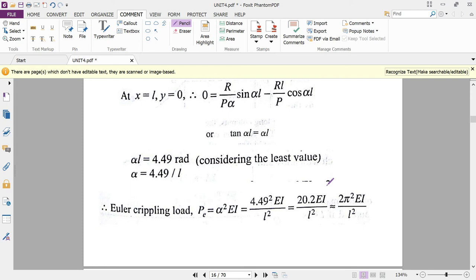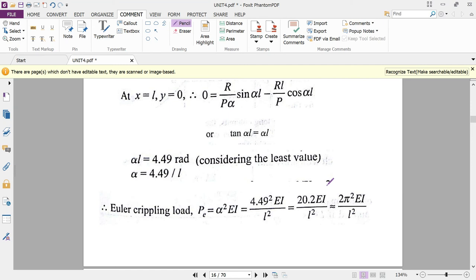And if a university theory exam will be there, then in that case you will have to derive at least one of the end conditions out of these 4. Or else if MCQ based exams will be held, then in that case you have to remember at least these 4 PE values of the 4 standard cases.